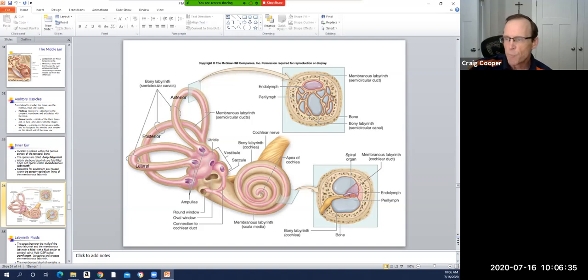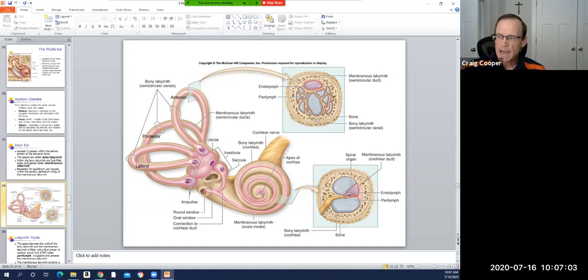The three loops that we see, we've got an anterior, a posterior, and a lateral. These are more about rotational motion, not planar or linear motion. These are more about angular motion. And so these are oriented to the three planes: sagittal plane orientation, transverse plane orientation, or frontal plane orientation.